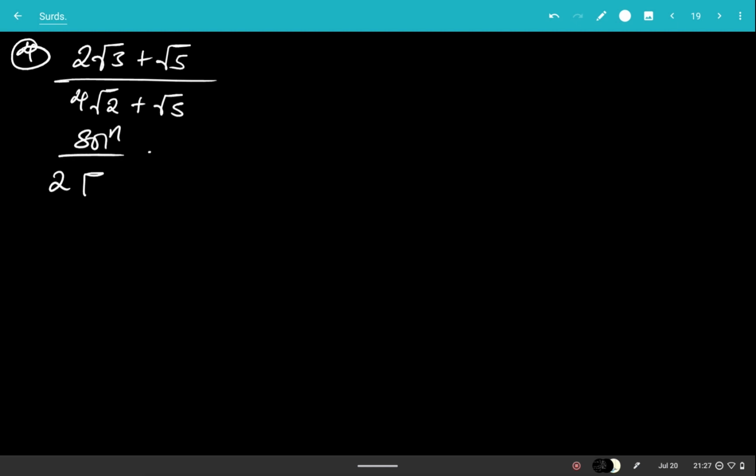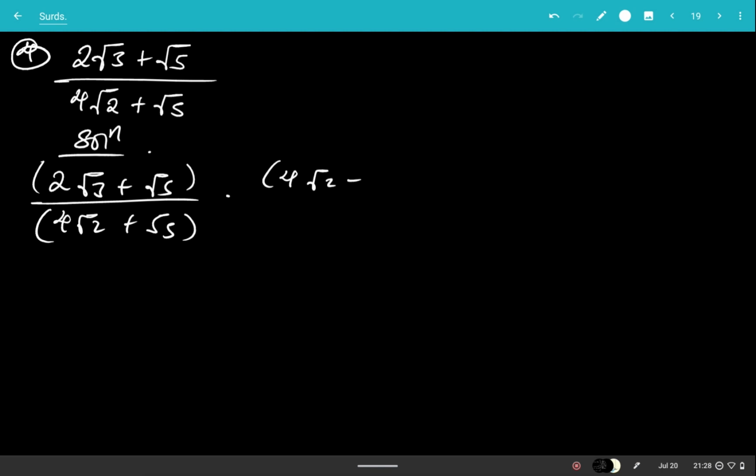Now, since we're rationalizing the denominator, our main focus is the denominator. So we're going to get the conjugate of the denominator. But if at all we wanted to rationalize the numerator, we'll do the same thing, but just get the conjugate of the numerator. So this will be 4 root 2 minus root 5 over 4 root 2 minus root 5.